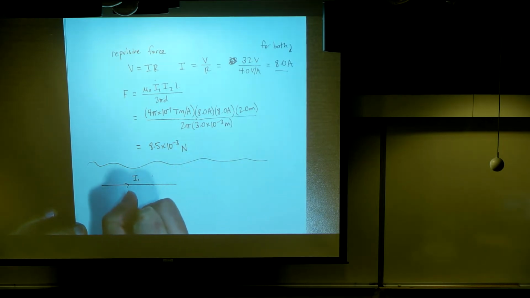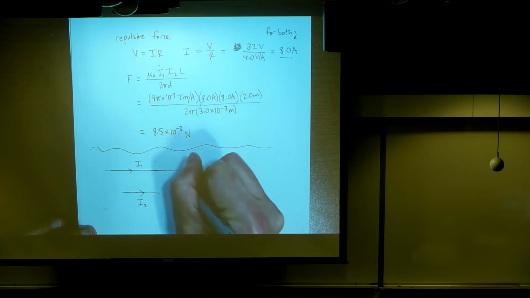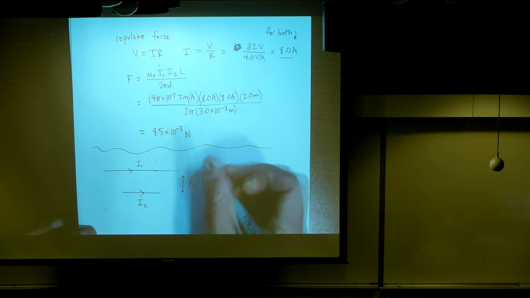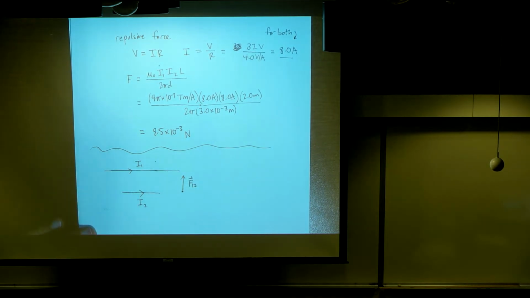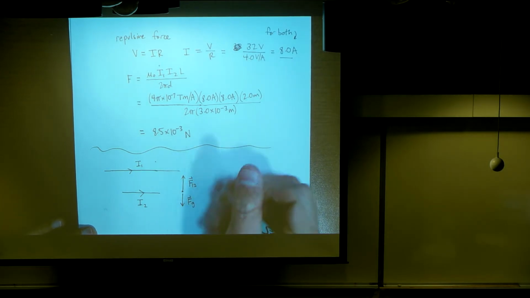The bottom wire has current I2, which is going in the same direction, which means the magnetic force, I'm going to call this F12, that's the force that wire number 1 is exerting on wire number 2, is attractive. And then of course we have our downward force of gravity, Fg. Okay?